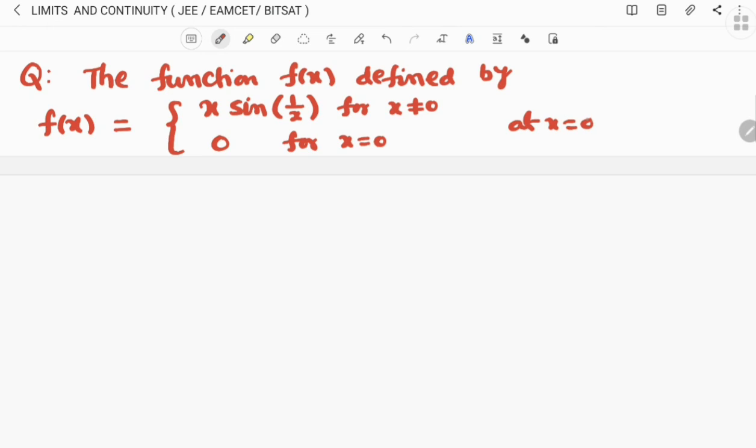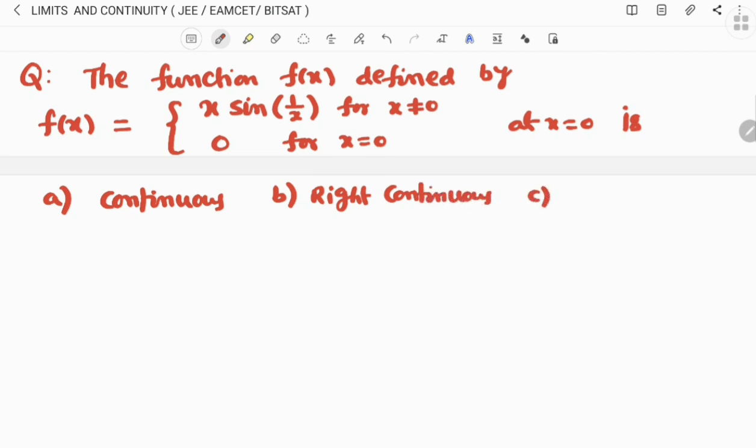At x equal to 0, the options are: first option continuous, second option right continuous, third option left continuous, fourth option cannot be determined.